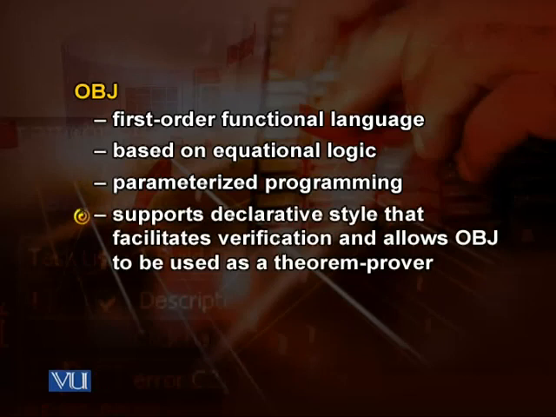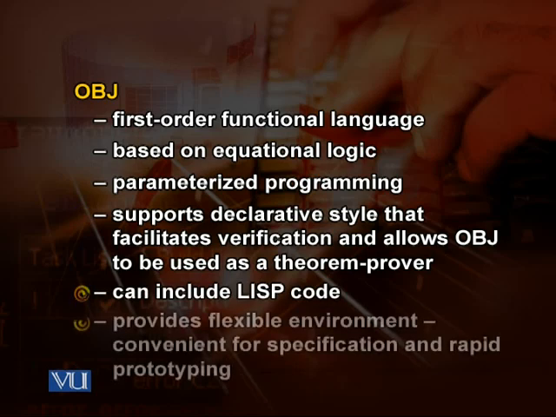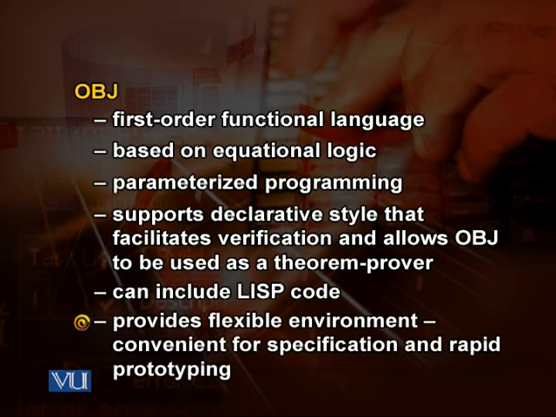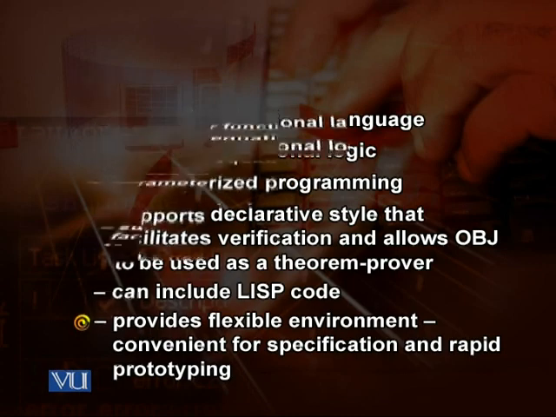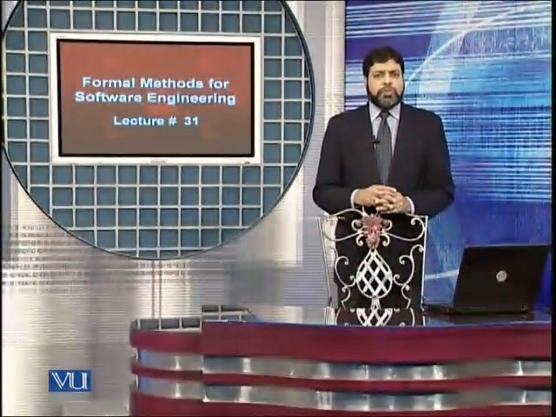It supports a declarative style that facilitates verification and allows OBJ to be used as a theorem prover. We can include Lisp code in OBJ specifications, and it provides a flexible environment which is convenient for specification and rapid prototyping. So a couple of things here before we start discussing those in more detail.